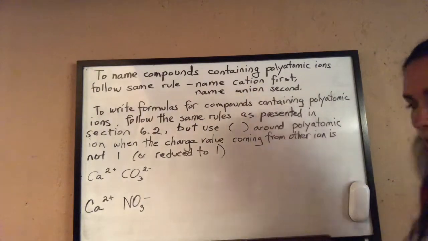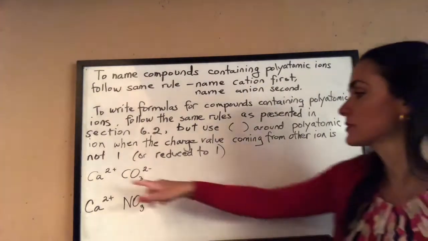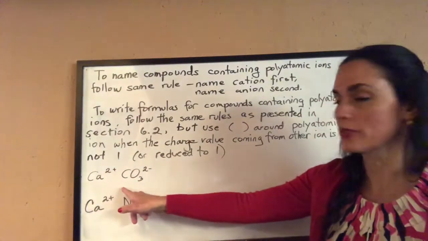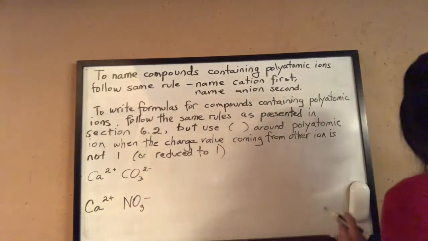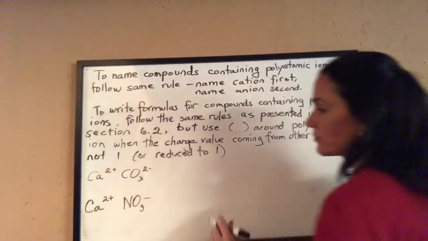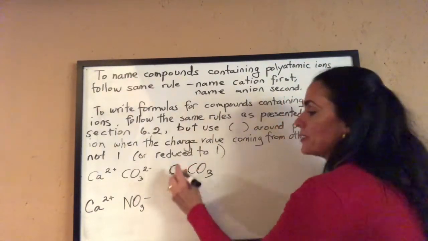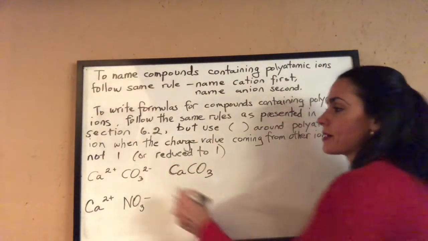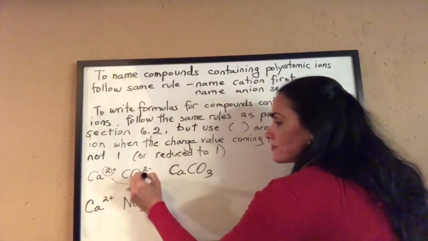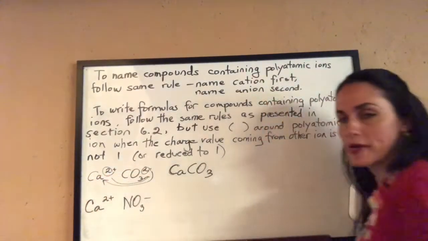Let's see what we mean with multiple examples. Calcium bonding with carbonate. They both have a value of 2, so the formula would just be CaCO3. No parentheses are needed here because these twos go away.